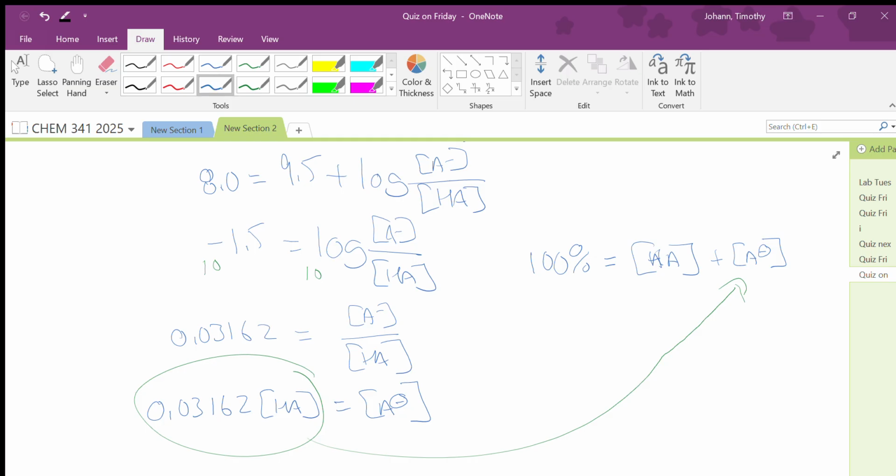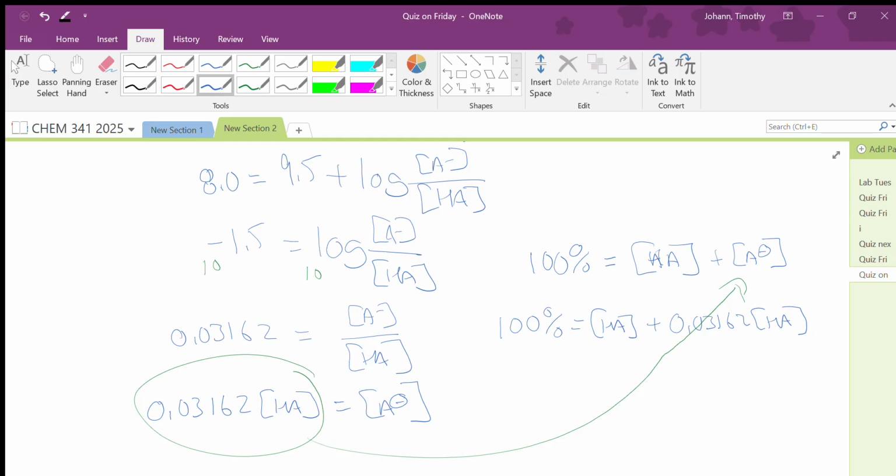All right. And so then we're going to do 100% is equal to HA plus 0.03162 HA. Right? How many HA is this? 1. Right? 1 HA plus that. Okay?